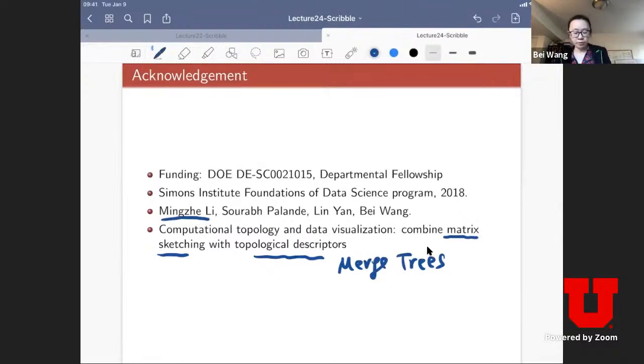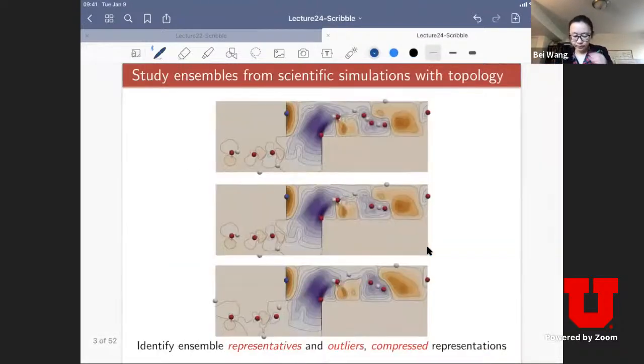What do I mean by that? First of all, the motivation comes from scientific data analysis. In this particular case, this is something called the corner flow data set.